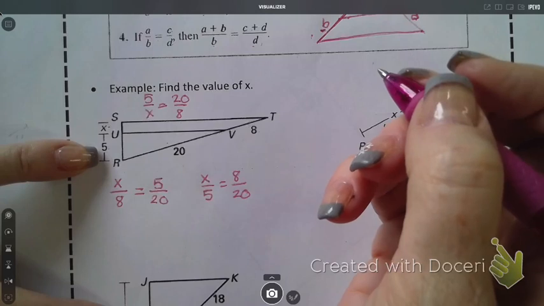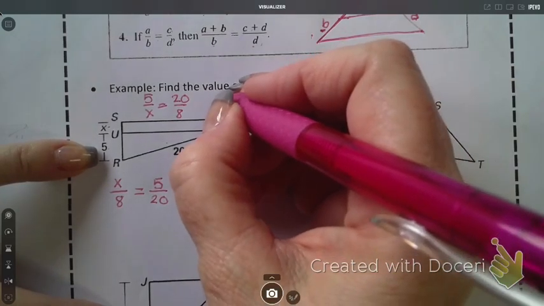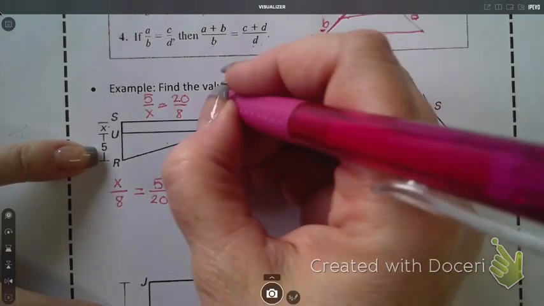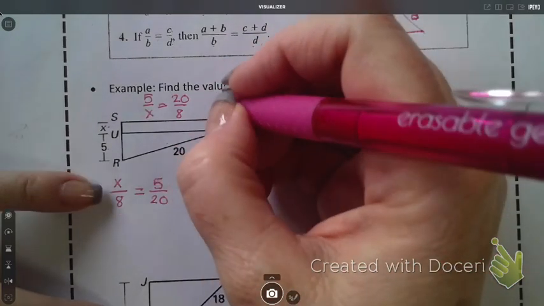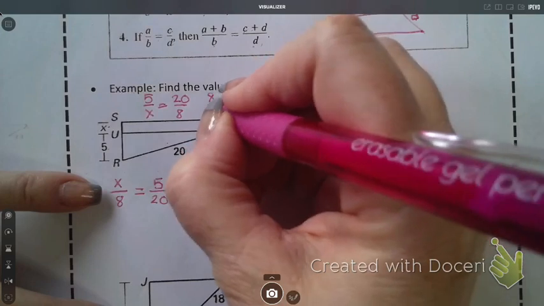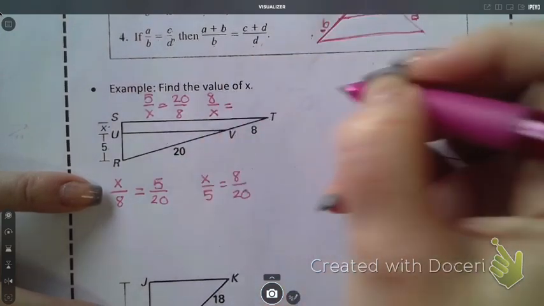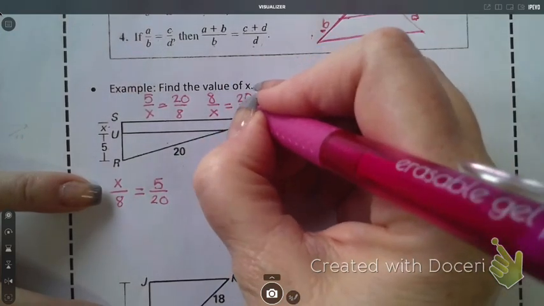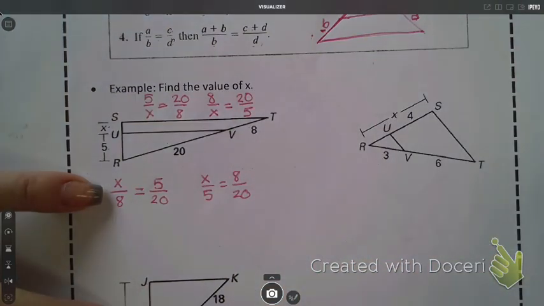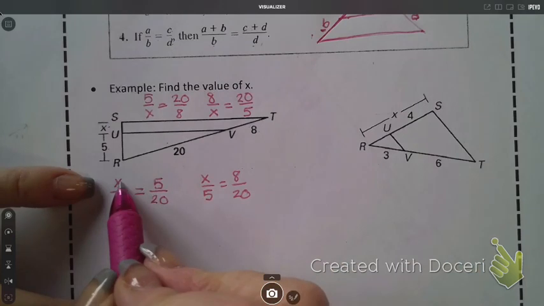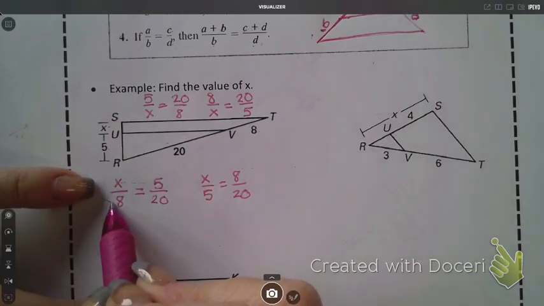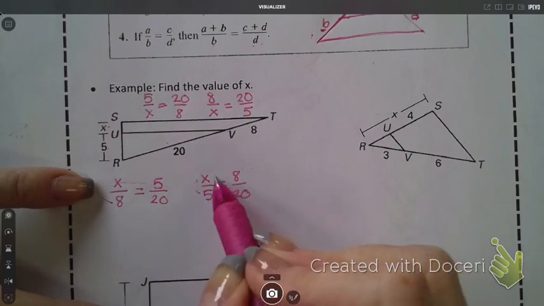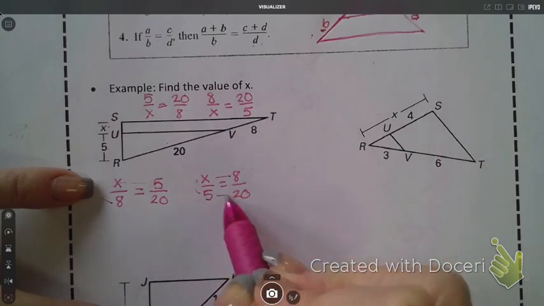I also could have written it 8 over X is equal to what? 20 over 5. Do you see all those different ways I could have written it? Yeah. But do you see how these are the same side, these are the corresponding pieces, and these correspond.